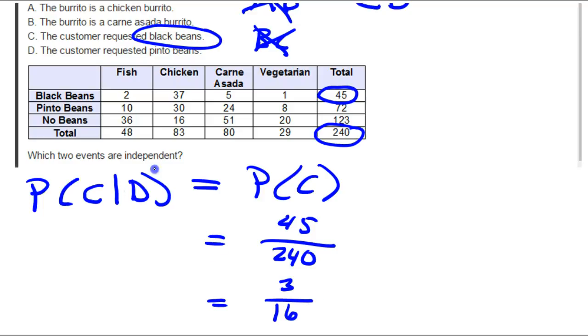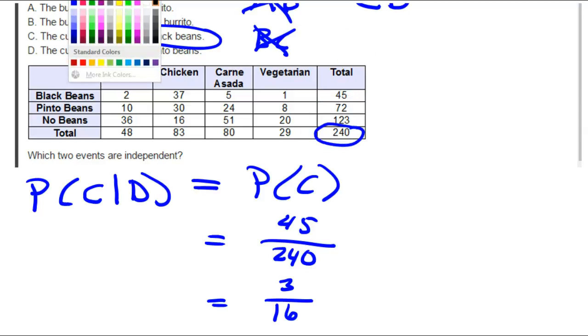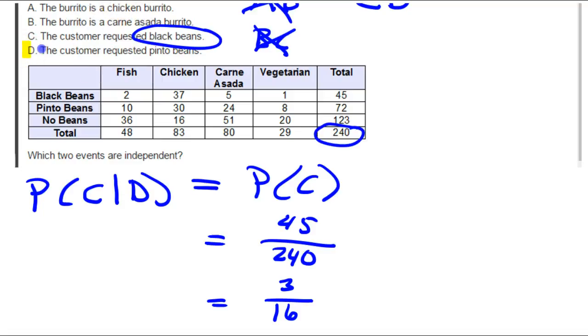Now let's calculate the probability of C given D. If we are given D, that means we're given pinto beans.